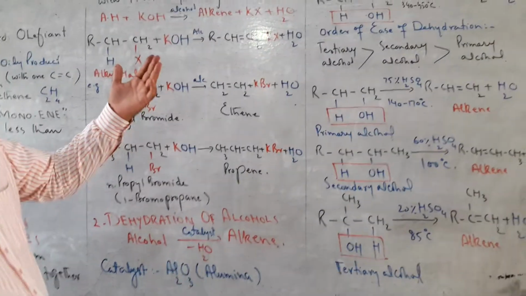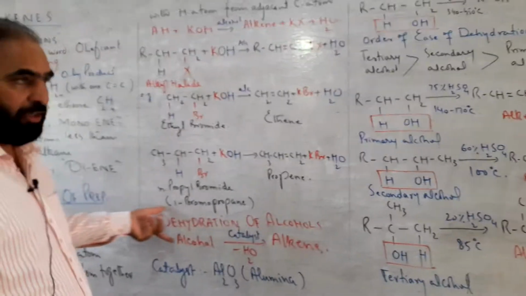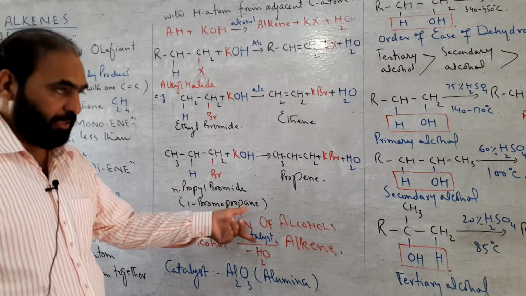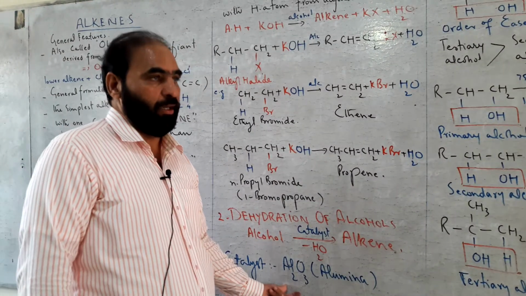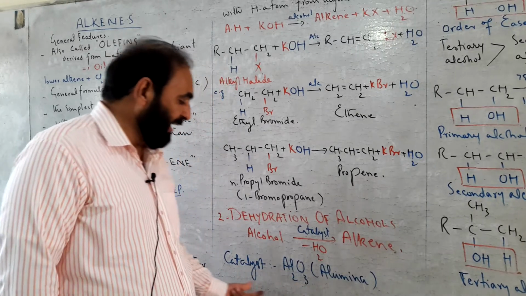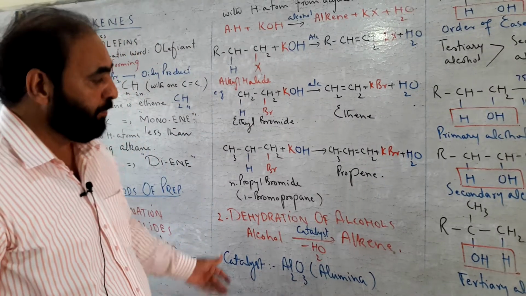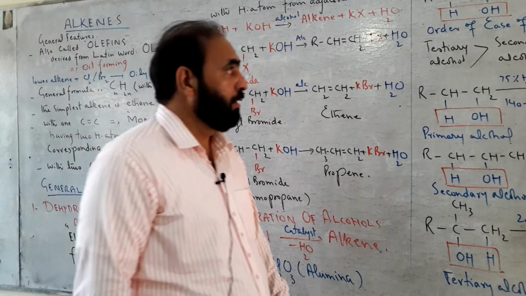This process of removal of water is called dehydration. It is carried out in the presence of a catalyst like alumina, Al2O3. Alumina is the catalyst which is used for the dehydration of alcohol.